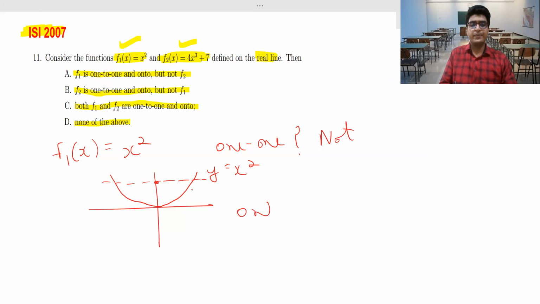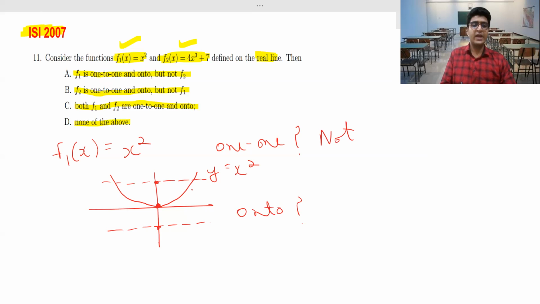What about onto? For each y, it should have at least one association. Here we have two associations, here we have exactly one association, but here we don't have any association. For it being surjective or onto, it should have at least one association.